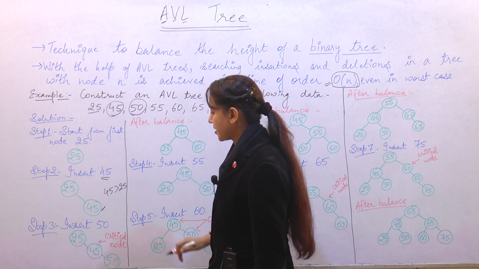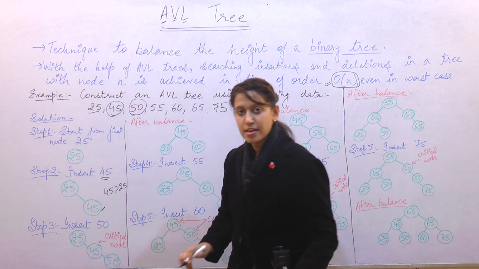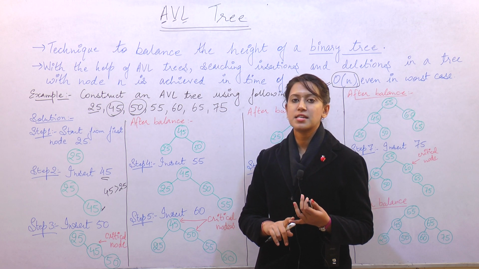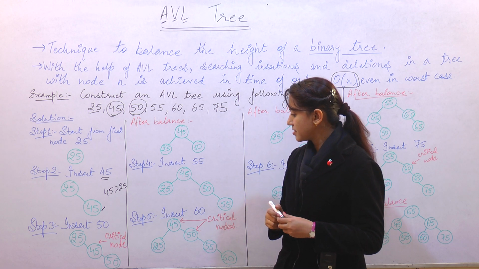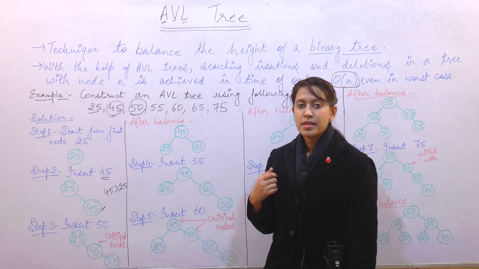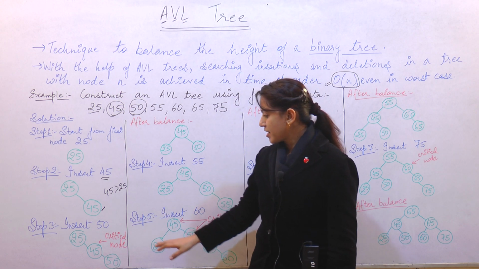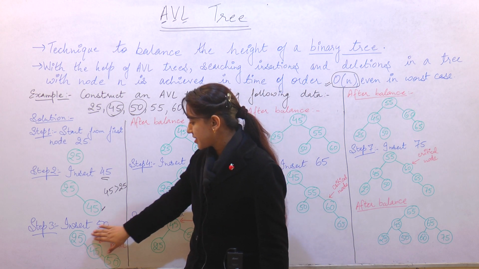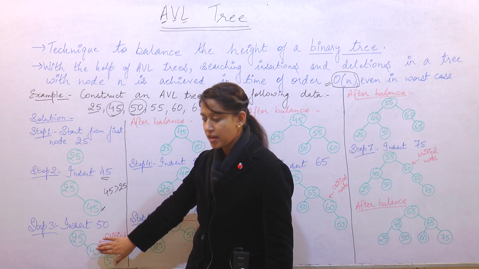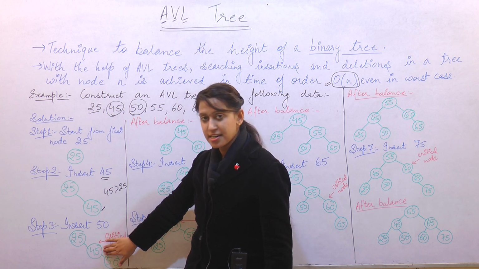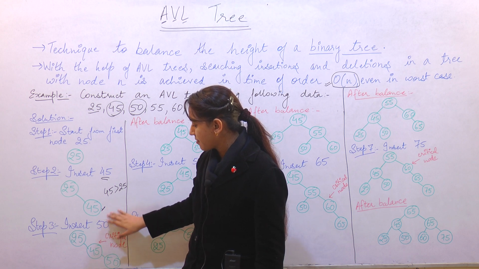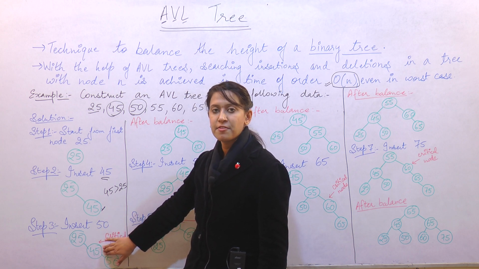After inserting 45, we move towards the next element, 50. For inserting 50, we will again compare it with the previously inserted elements, 25 and 45. Since 50 is greater than 25, it will come on the right side of 25. The right side of 25 already contains 45, so we compare 50 with 45.